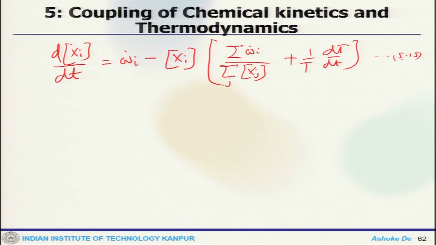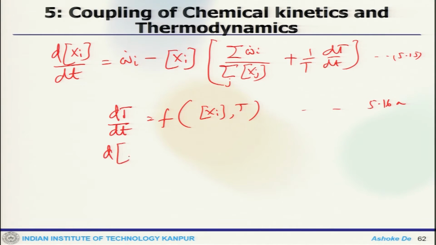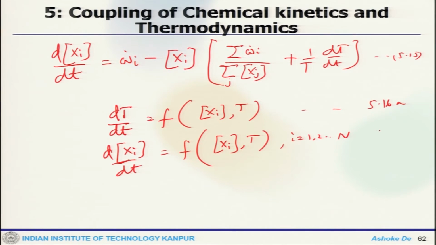So, in summary, the problem is to find the solution of the following two sets of differential equations. One is dT by dt equals a function of the concentrations and T, that is number 1, and the second is d x I by dt, which is a function of the concentrations and T, for I equals 1 to 2n.